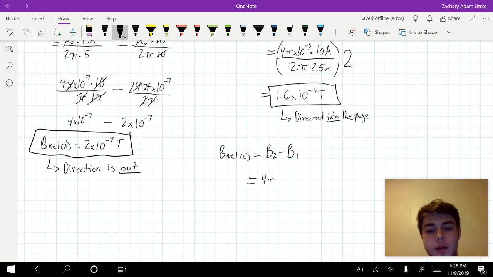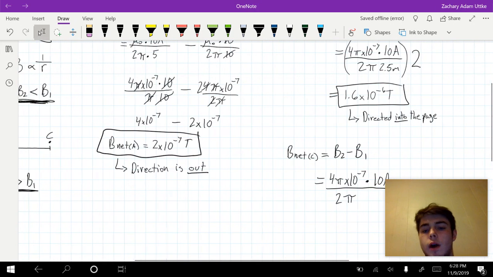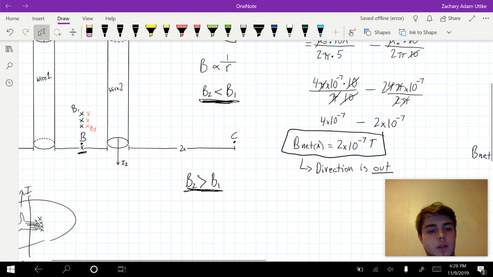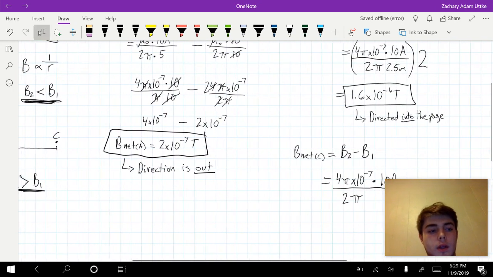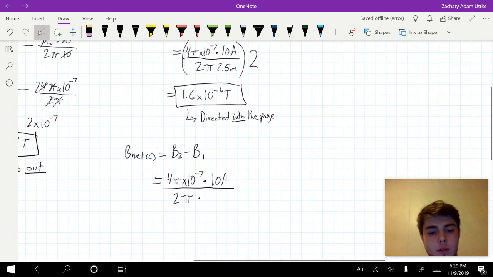So 4 pi times 10 to the negative 7th times 10 amps divided by 2 pi times the distance. So how far away is wire 2 from point C? We see that it's 2x. And if x is 5 meters, 2x is 10 meters. So this will cancel. 2 times 10 to the negative 7th.